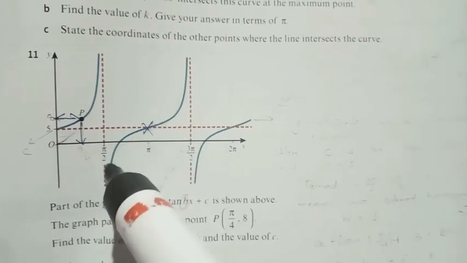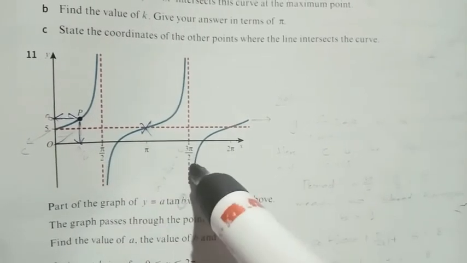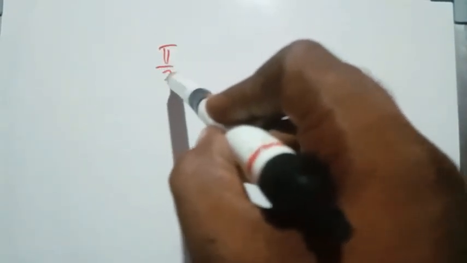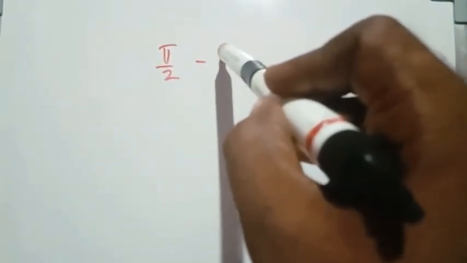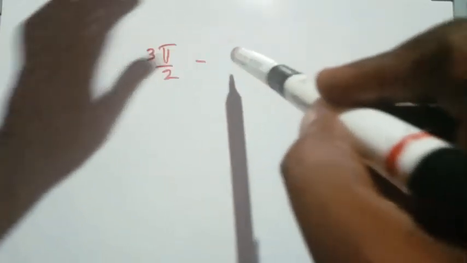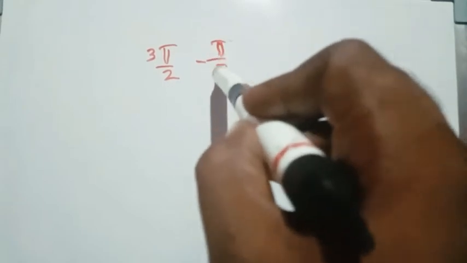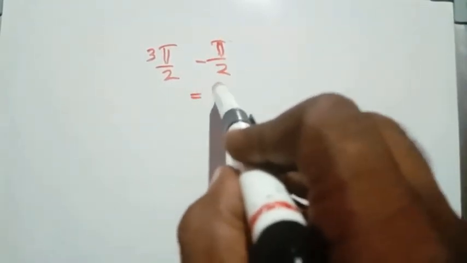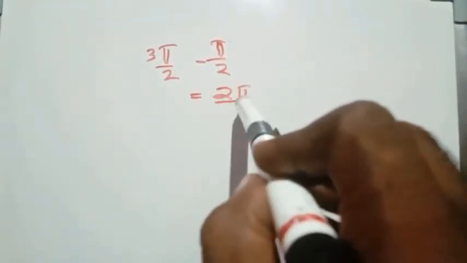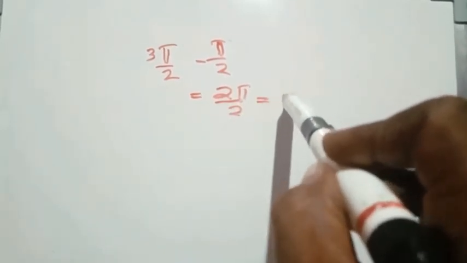So one asymptote is at pi by 2 and the other one is at 3 pi by 2. Let's find the difference between pi by 2 and 3 pi by 2. 3 pi by 2 minus pi by 2, we get 2 pi by 2, that's equal to pi.